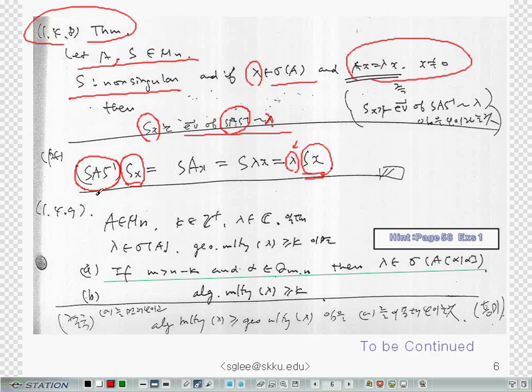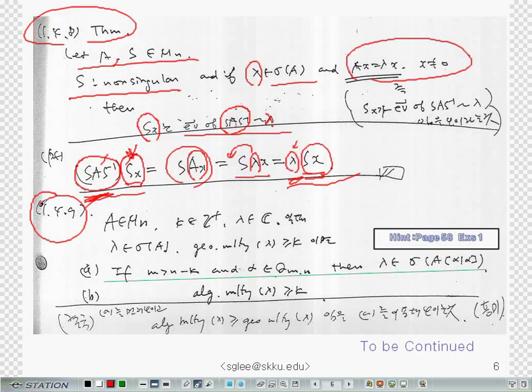But as you see, S and S inverse are gone. So we have SAx is equal to S lambda x, because Ax is equal to lambda x. Lambda is a scalar, so this one can come out. So we have this relationship, which says Sx is an eigenvector of this matrix corresponding to the eigenvalue lambda, also an eigenvalue of SAS inverse.